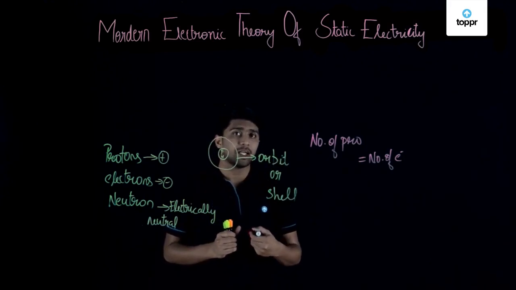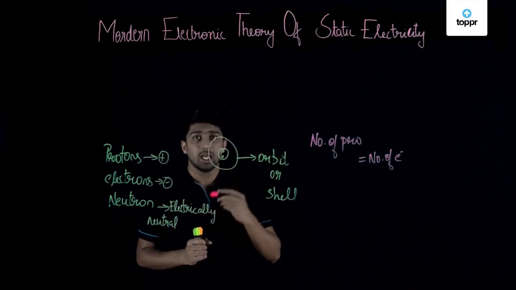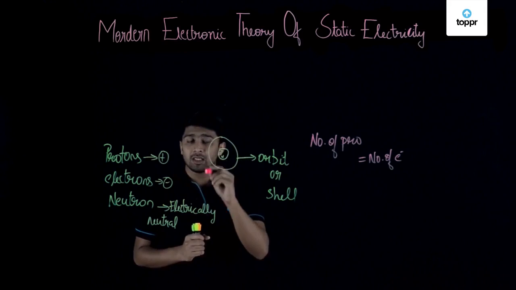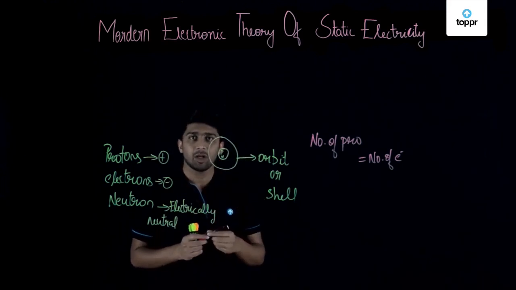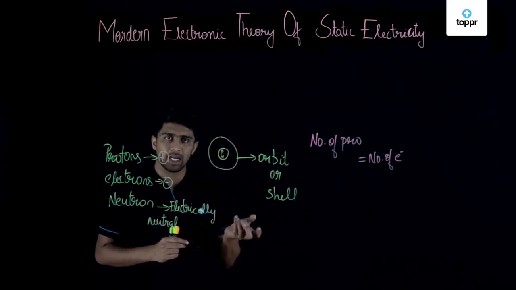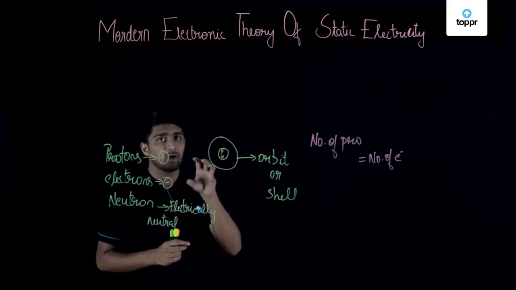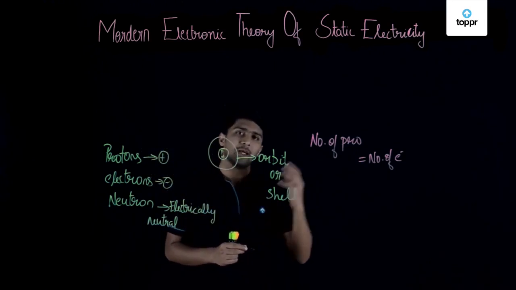In that particular atom, the number of electrons will be more than the number of protons. Then the total net charge of that atom will be negative, because it now has more electrons. When a body accepts electrons, the number of electrons will be more.